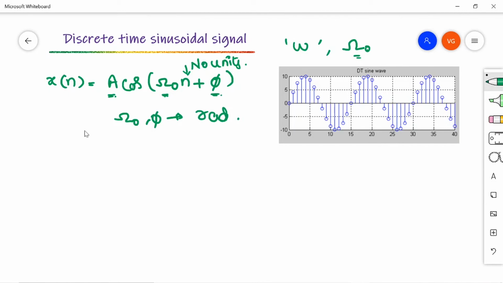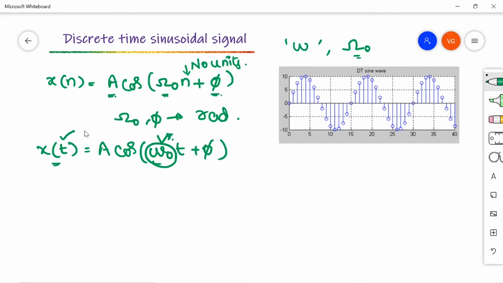Unlike continuous time signals, discrete time sinusoidal signals are not periodic for any arbitrary value. I think you might remember x of t equal to a cos of omega naught t plus phi, right? There omega naught can be any value such that x of t is periodic. But in the discrete time signal, omega naught cannot take any value to make x of n periodic.